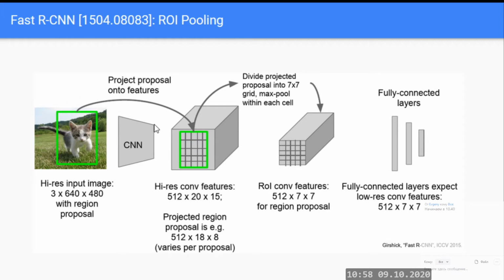Then we divide that region into 7 by 7 subregions. For example, for the VGG and ResNet networks, we need a 7 by 7 feature map output for the final classification decision. So we apply the division, we apply the ROI pooling, so we apply the max pooling operation in all these subregions. Then we have a stack of features that can be fed into the fully connected layers.